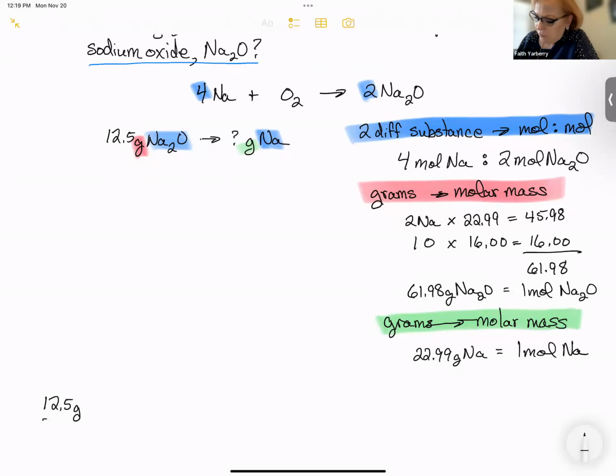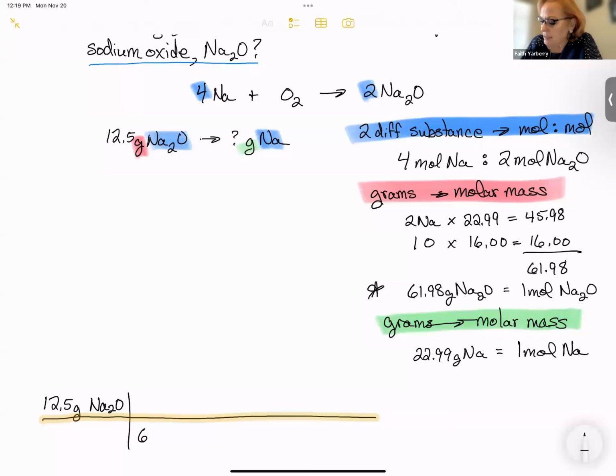Okay, so we have 12.5 grams of sodium oxide. The first conversion factor we're going to need to work with is going to be that of sodium oxide. So we're going to work with our second conversion factor we developed.